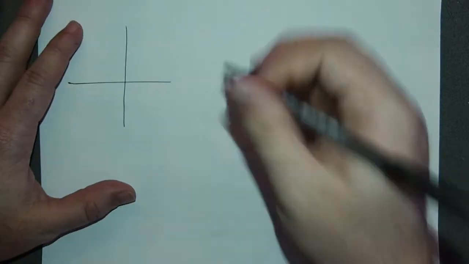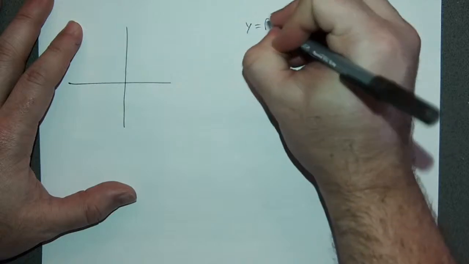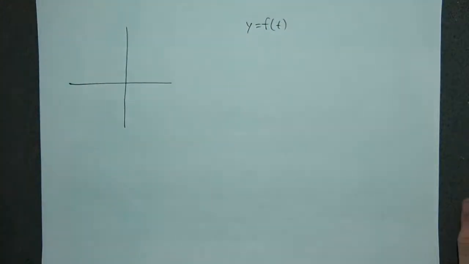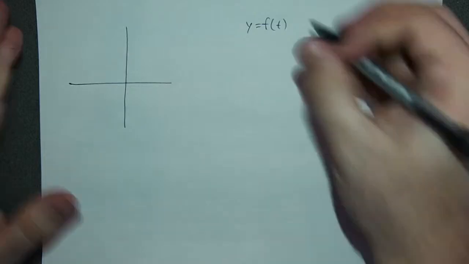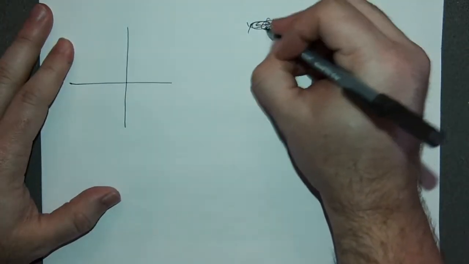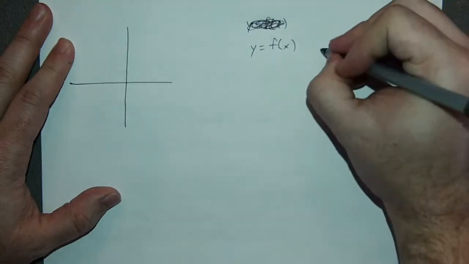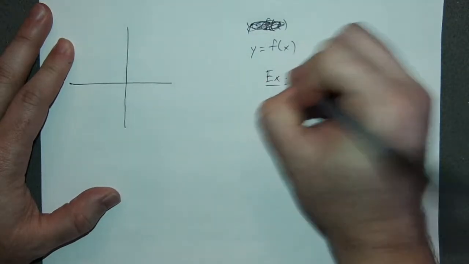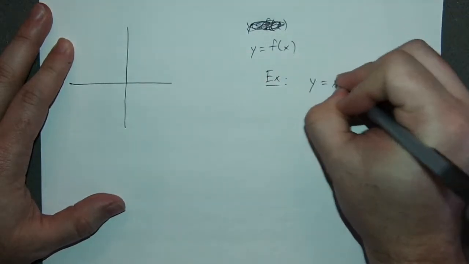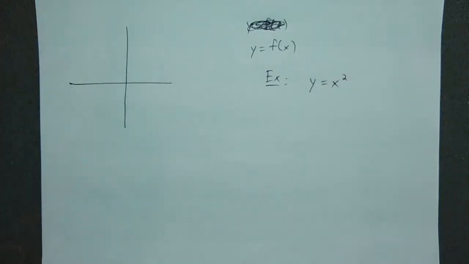So let's say I have a function in the plane y is equal to f of t, and I wanted to graph this. Or actually here, whatever. I'm just going to use y and x here. So y is equal to f of x. So for example, let's start with everybody's favorite quadratic, y equals x squared.